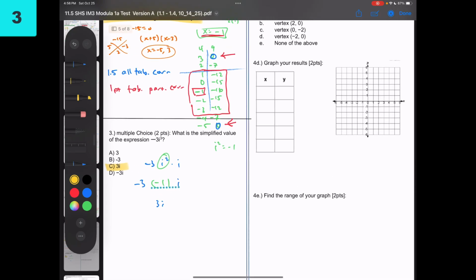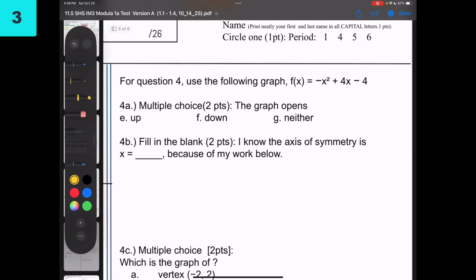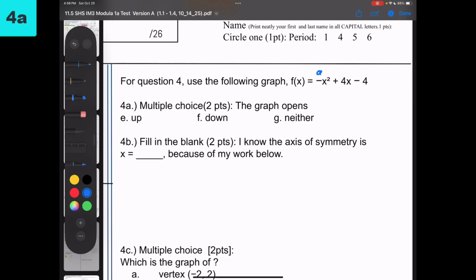Okay, let's go down now to question number 4A. Okay, my A value is -1, so I know that means it's down. So that would be answer E for 4A. Okay, your B value is 4 and your C value is -4.